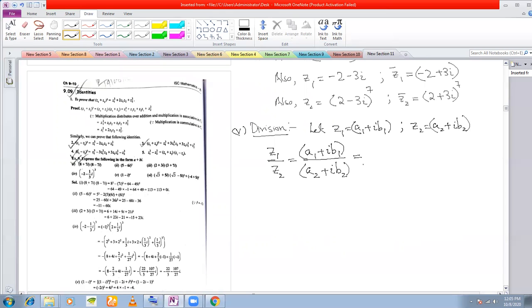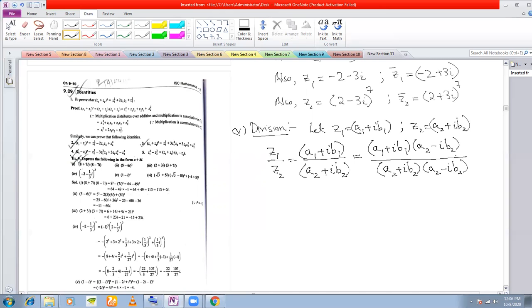Now in order to find this in terms of a plus ib, you multiply the numerator and denominator by the conjugate of the denominator. The conjugate of the denominator will be a2 minus i b2.